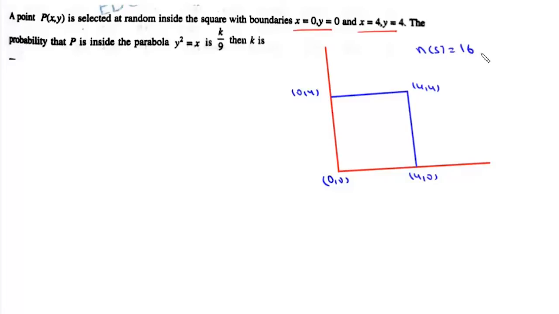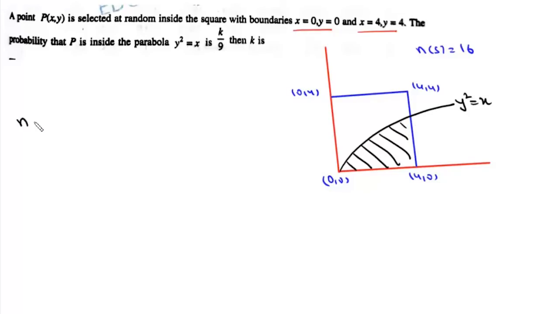Now we need to find the probability that the point P is inside the parabola y square equals x. Now y square equals x. Now when x is 4, y is 2. So it will be this parabola y square equals x, and we have to find the probability that this point lies in this area.